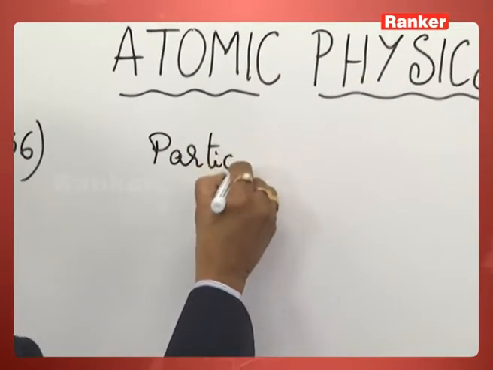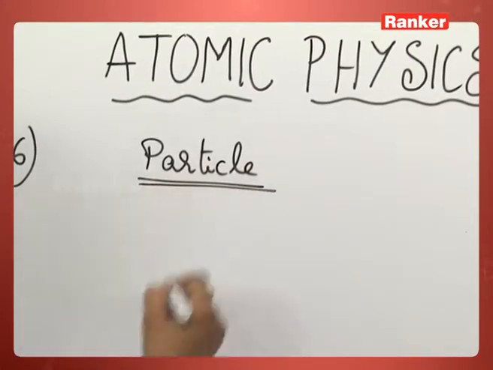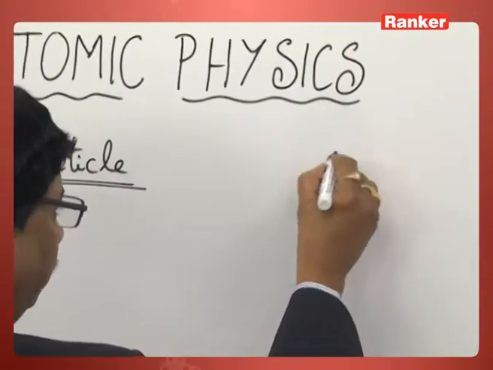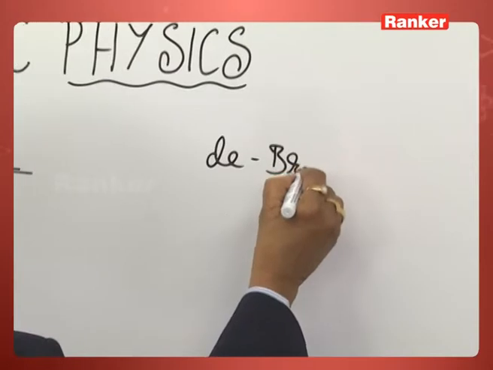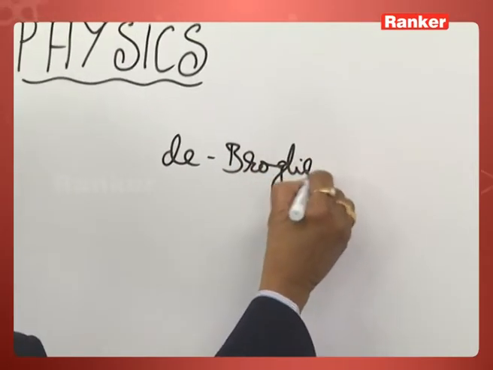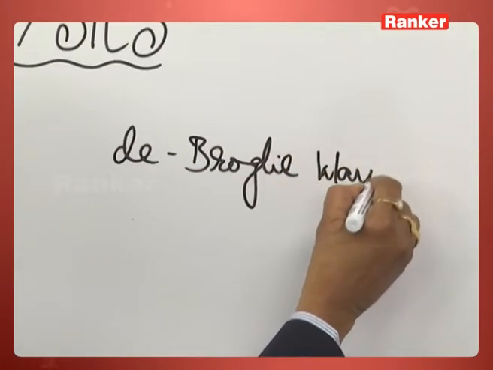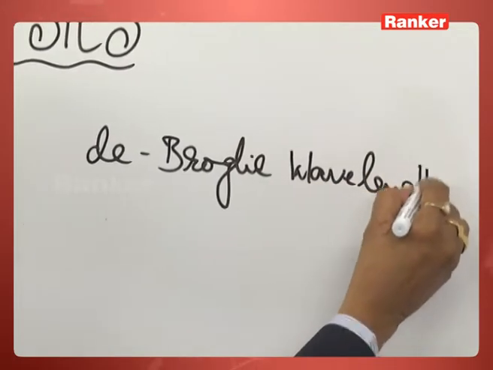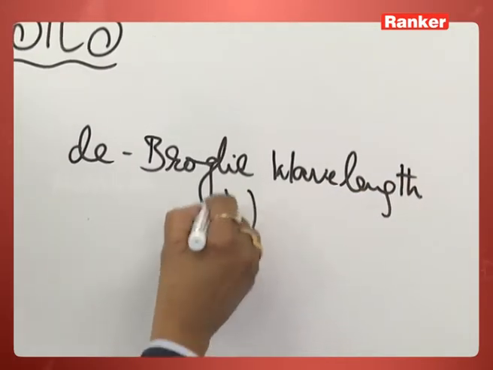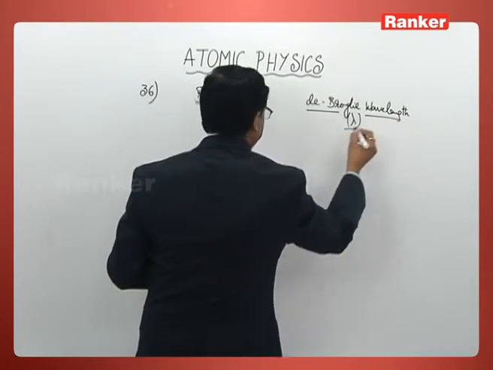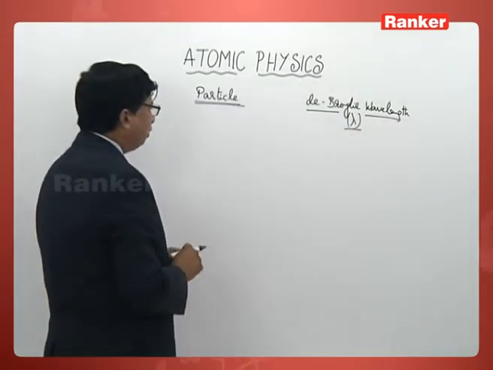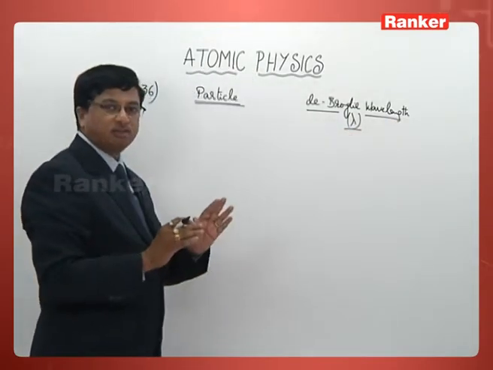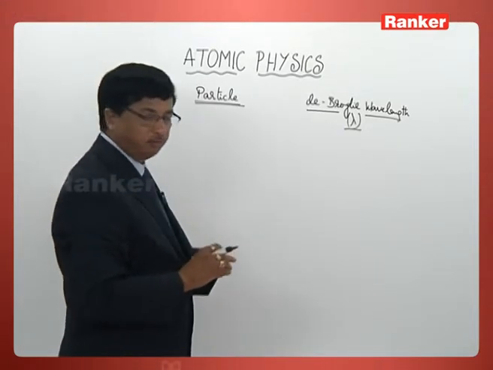In the first column, particle, and in the second column, the de Broglie wavelength, that is lambda. What are the four particles he has mentioned?